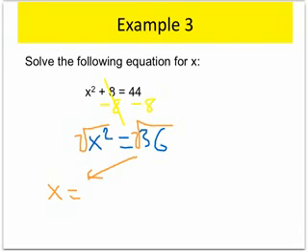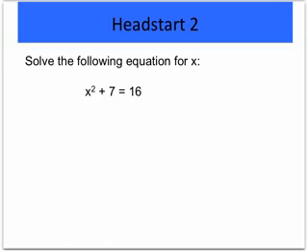Could be positive 6, and could be negative 6, because 6 squared is 36, and negative 6 squared is also 36. Just like last time, we could check our answer by plugging our values for x, 6 and negative 6, back into x. 6 squared plus 8 is going to give us 44.